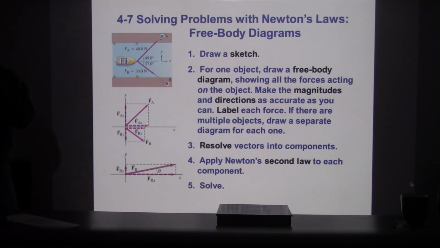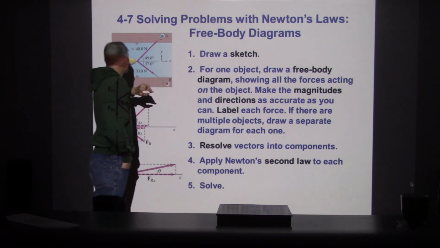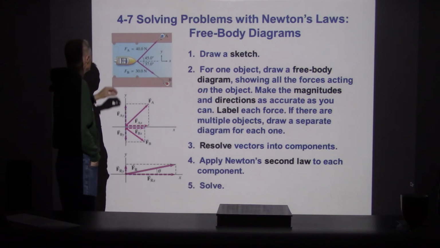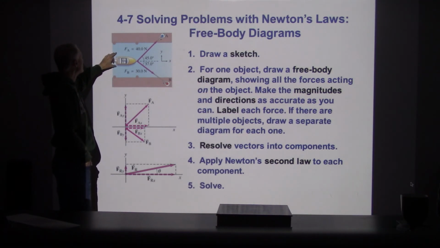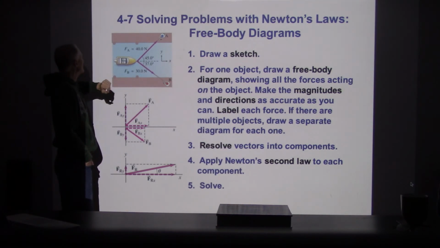Okay, so we have introduced this idea of free body diagrams, force diagrams, and here's some good advice. Draw a sketch, draw a diagram of what's going on. The example they have here, and I think we're going to come back to this, but let's take a look. Here is a boat, and it's being pulled along a canal or something.